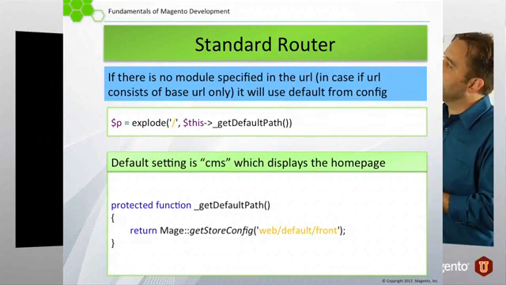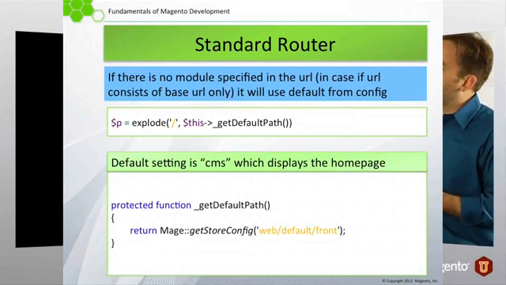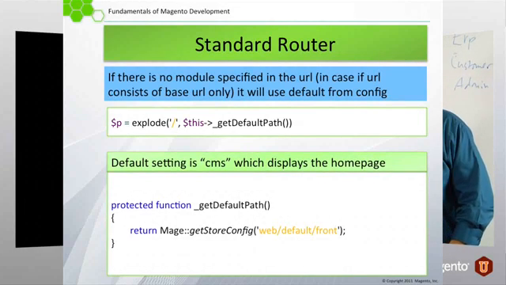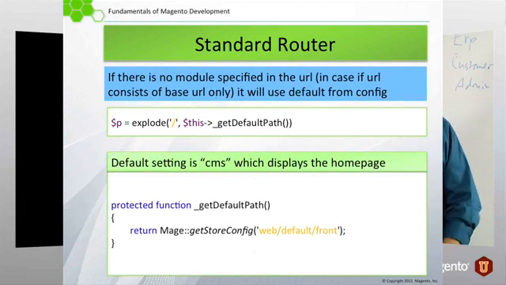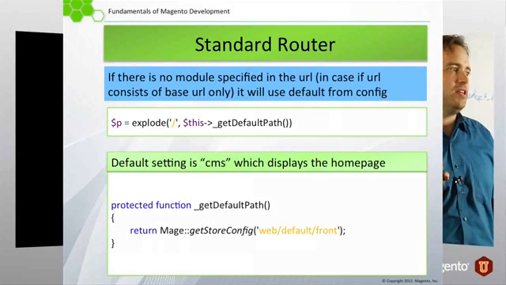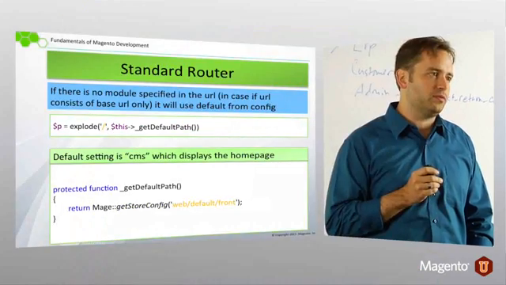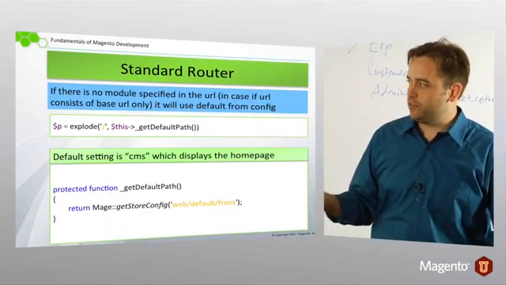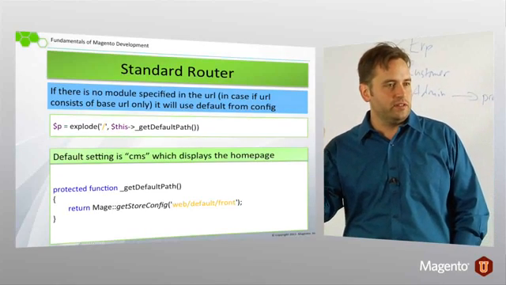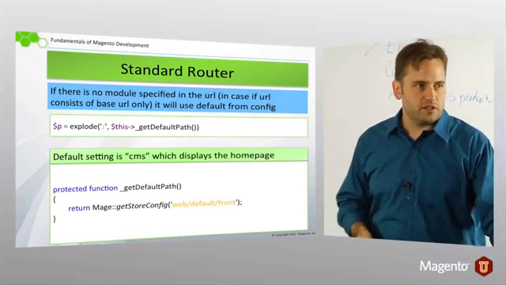So let's see. In the standard router, there is this get default path method. And by default, when you install Magento, the CMS system is used as the default router. And it's used as the default path, and basically that's how the home page that's configured in the CMS is mapped.